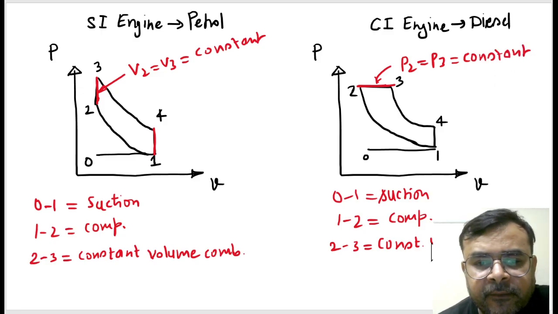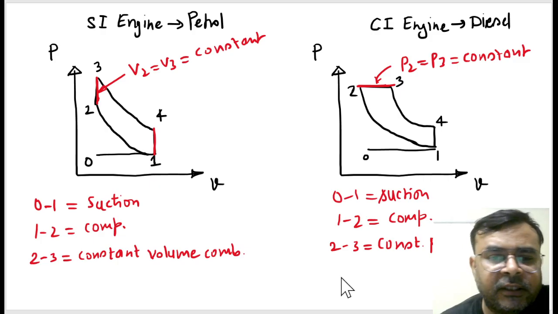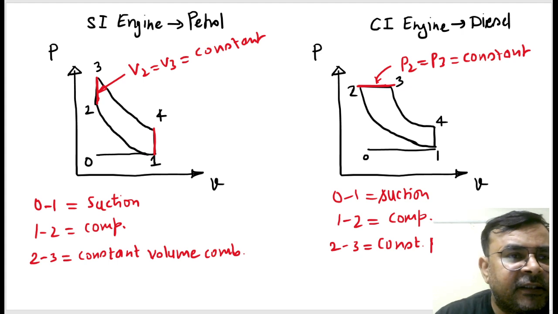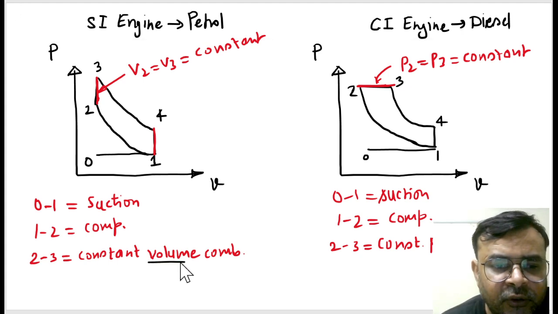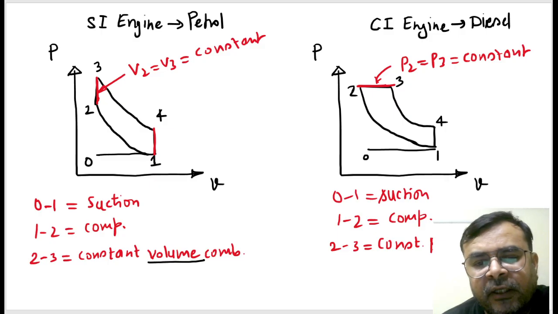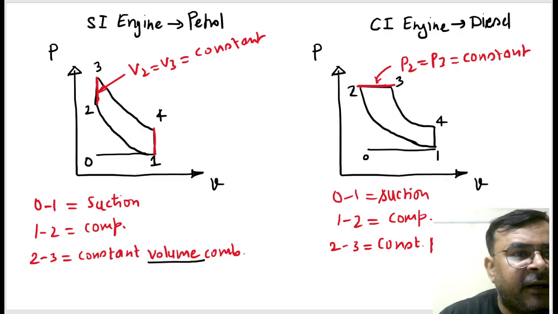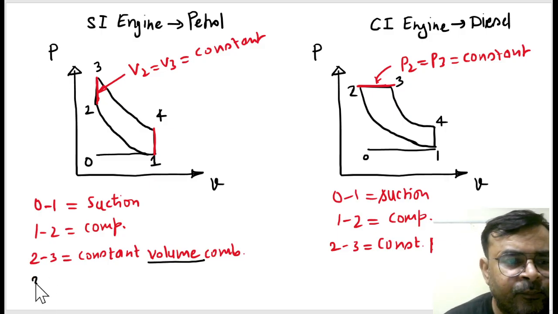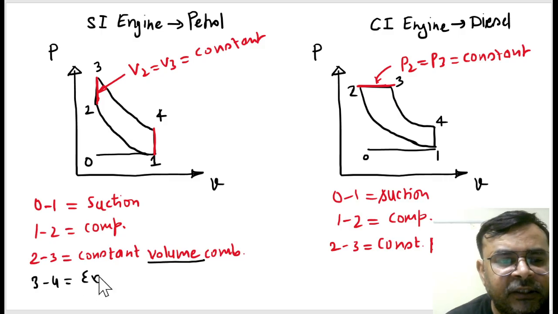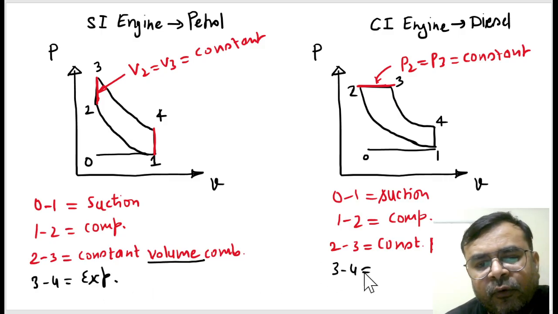So constant pressure combustion. This is the main difference between the SI and CI engine. You can see here we have constant volume and here we have constant pressure combustion, and the rest everything remains the same. You can say 3 to 4 is expansion, and here 3 to 4 is expansion.